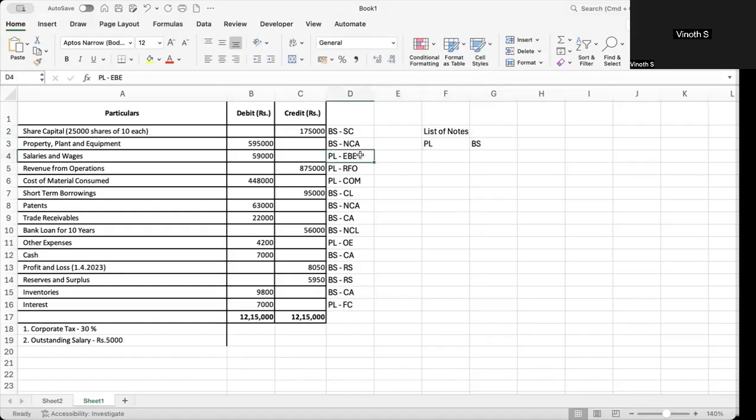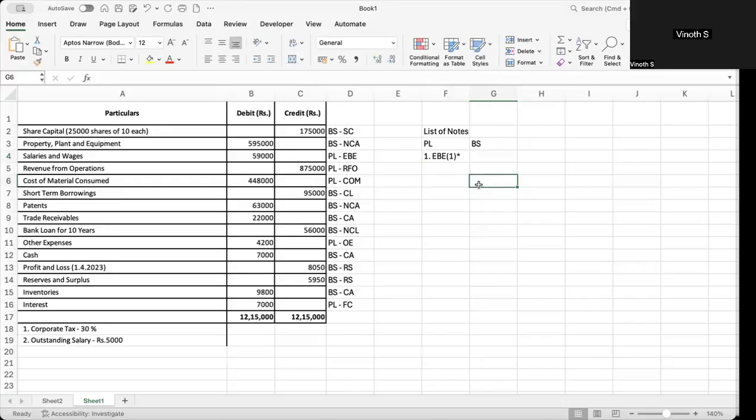Now I know that EBE was given, and at the same time the adjustment, outstanding salary, was given. EBE is only one item, but since an adjustment will come, I need to prepare a note for that. So my note number 1 is EBE. Only one item will appear plus an adjustment, so I'm making a star as the indication.